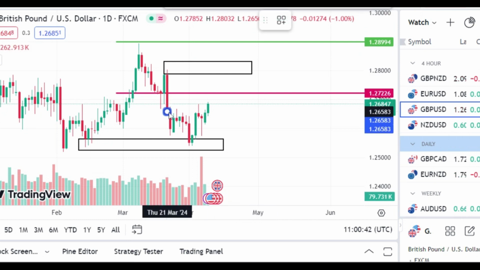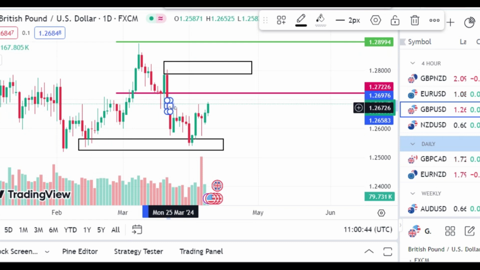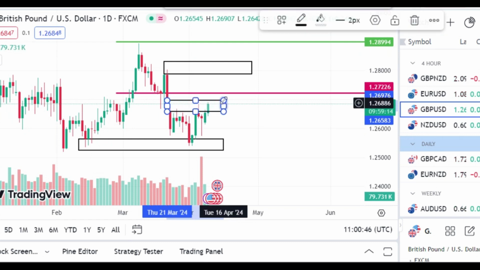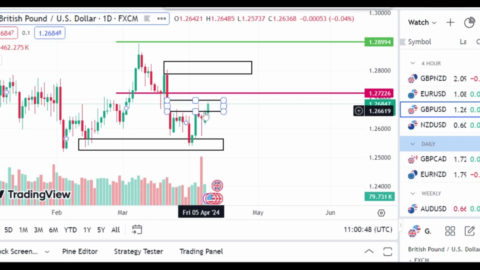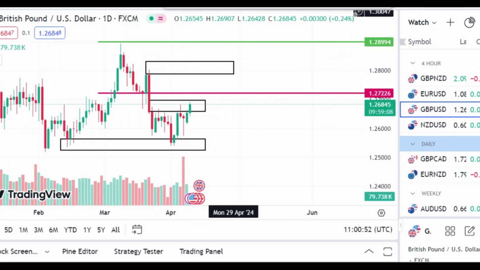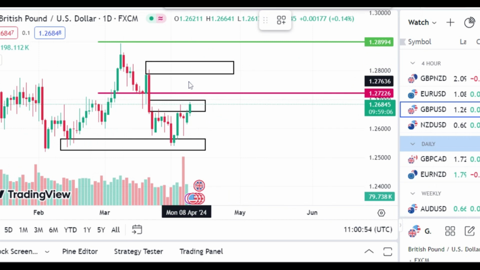I don't know if you can see, there is a small zone, but in 4 hours that zone is seen clearly. So you cannot buy this market here unless you wait for the market to break that zone and continue heading to where it is going. You have to wait for the market to break that zone, then you can continue buying to maybe this zone.